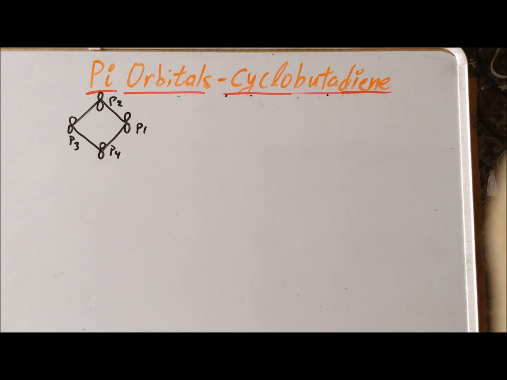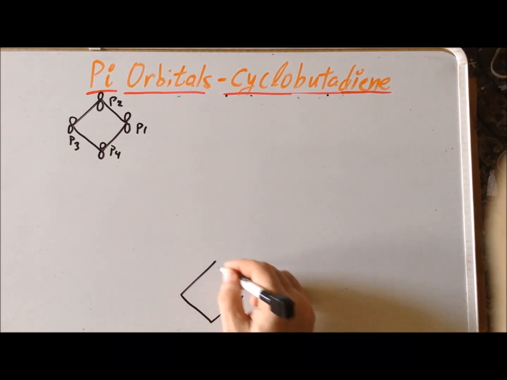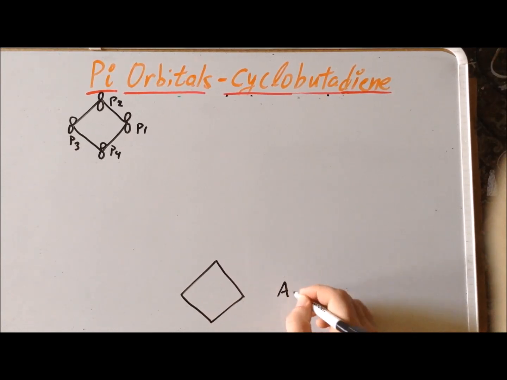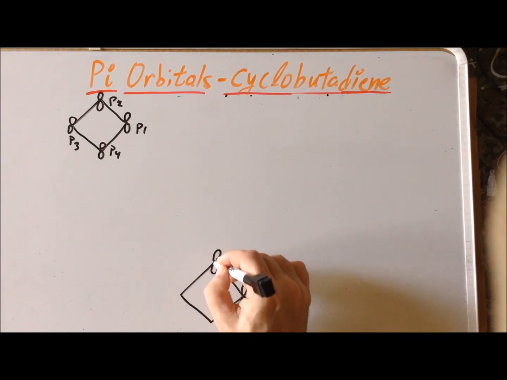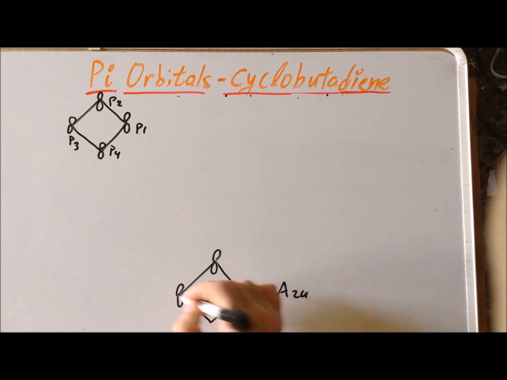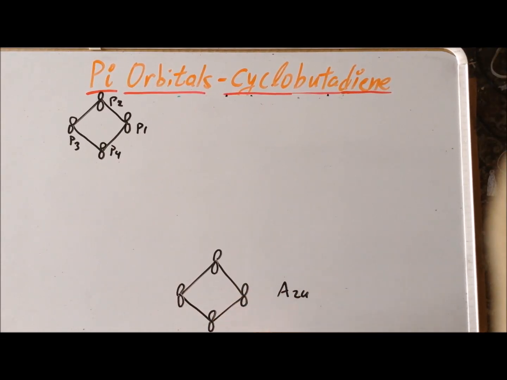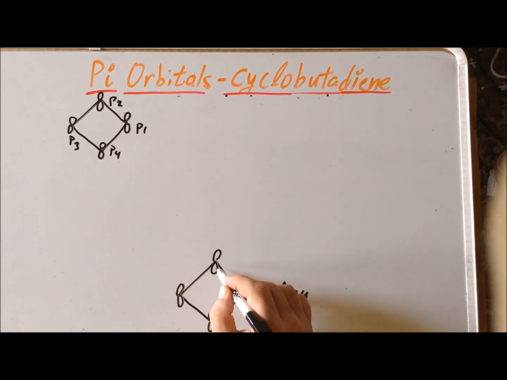Now that we have expressions for the molecular orbitals, we can actually draw what they look like. So the easiest to draw is the A2U combination, P1 plus P2 plus P3 plus P4. Since all the orbitals have the same coefficient and the same sign, that tells us that they are all in phase.